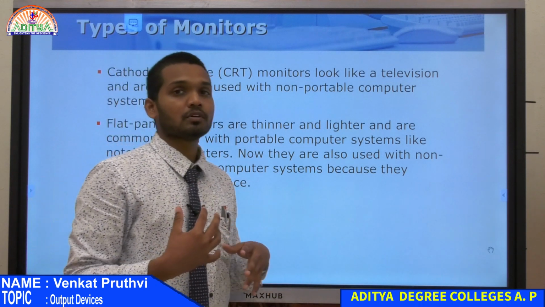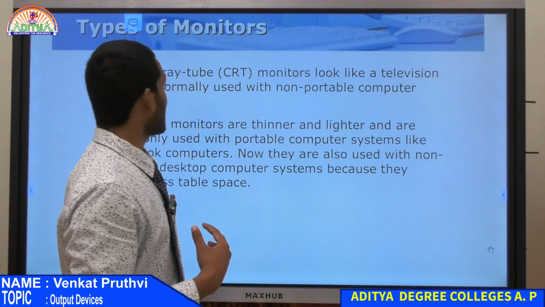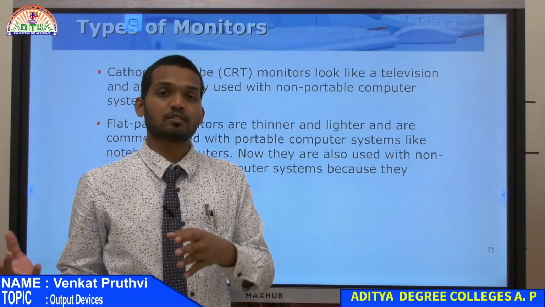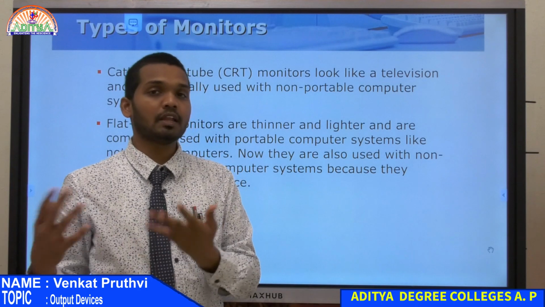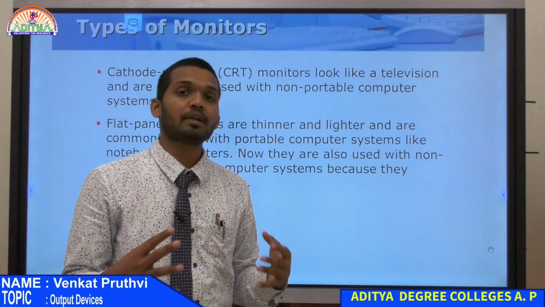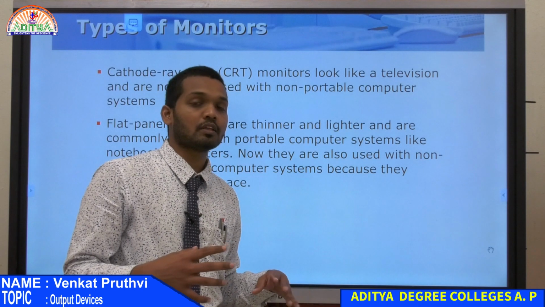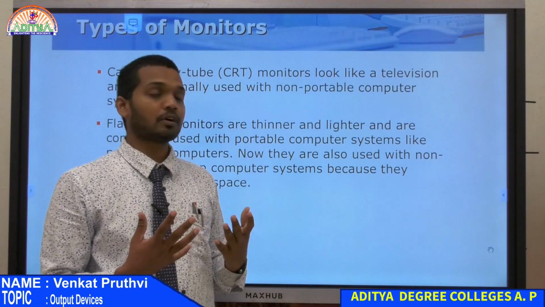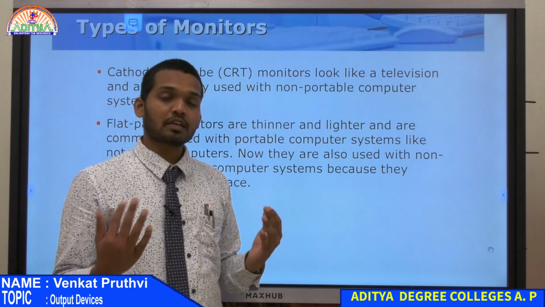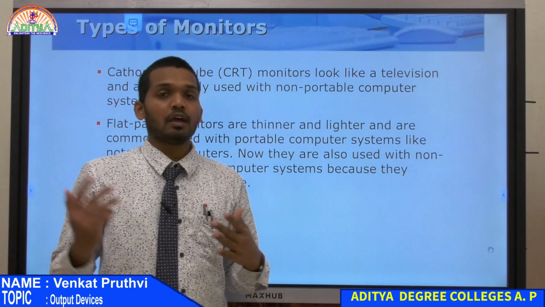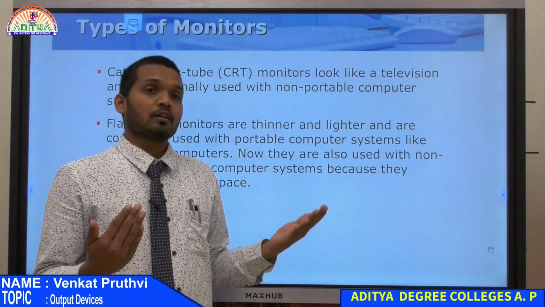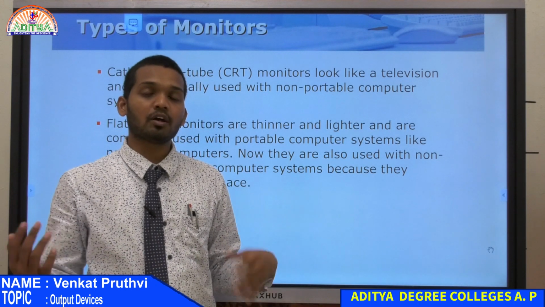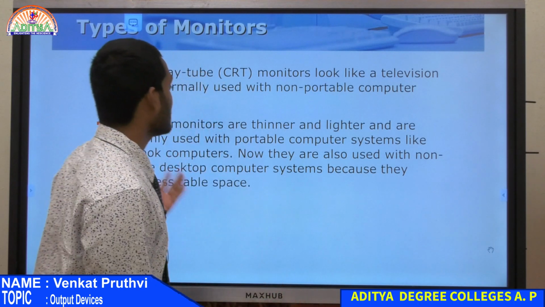In order to carry a desktop computer or this type of monitor, you require a little effort and a little space to use them, as well as a power supply and different requirements in order to use these monitors, whereas the portable systems or laptops can be taken anywhere and you can travel with them easily. Also they have a power backup, so you need not require the power supply all the time to use the laptops or the portable systems.